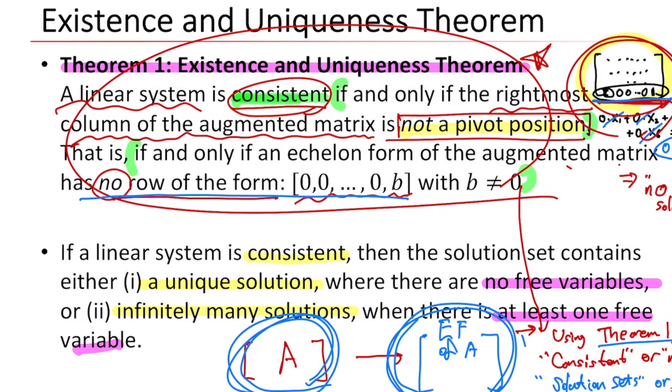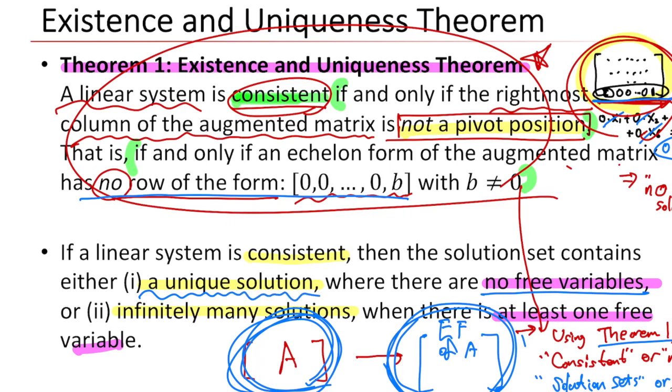So in this case, if there is a solution, we can represent the solutions of this matrix A as a parametric solution. And if there is no free variable in the parametric description, it means that there is a unique solution.